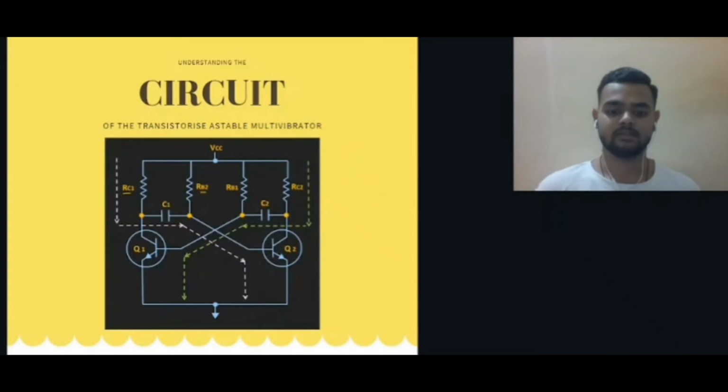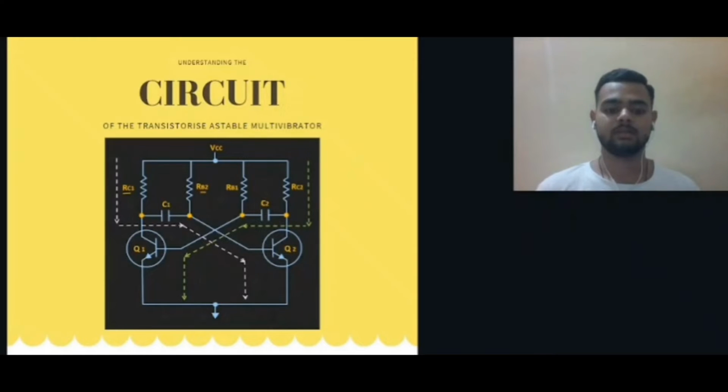The reason behind knowing the working of the transistor as a switch is because we will replace the transistor in the circuit with a switch. So initially, when there is no power supply given to the circuit, both transistors will be in cutoff region. When we apply the power supply, both transistors will try to conduct. One more thing to notice here is that the value of the collector resistor is smaller than the base resistor.